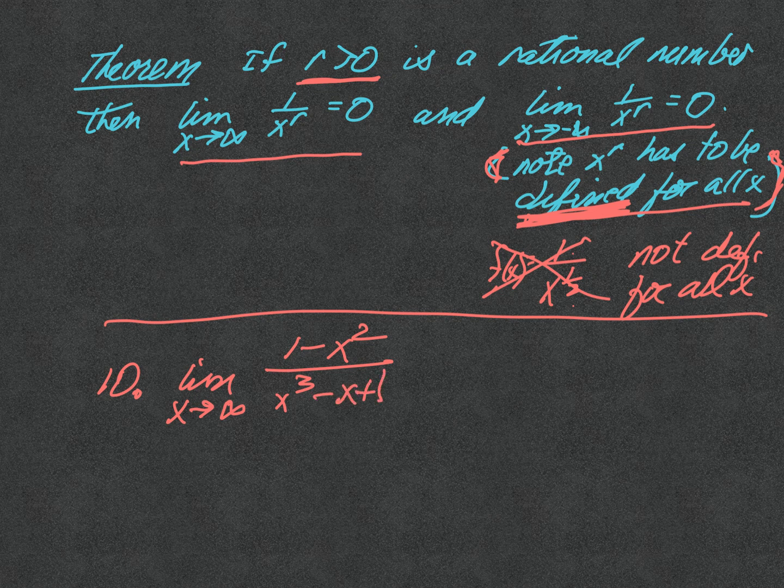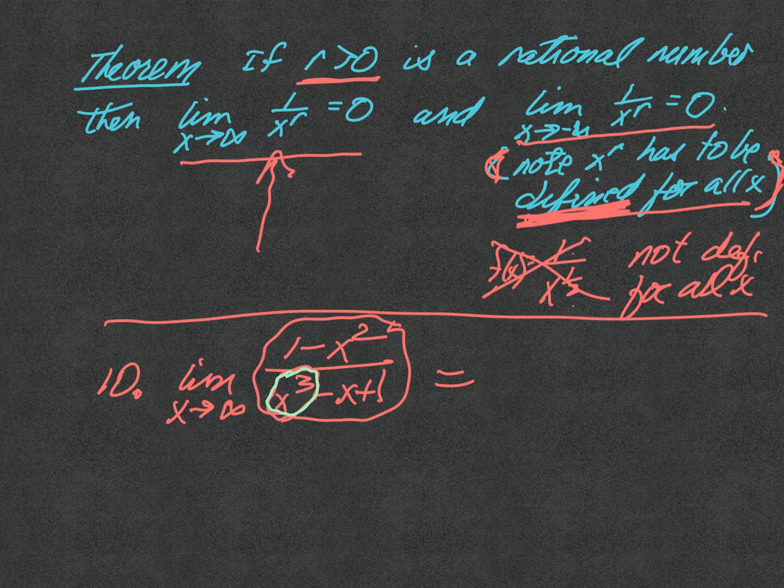Now, what I want to do is get this, or parts of this, into this 1 over x to the r form. The way I do it algebraically is I look for the highest exponent term. And what I see is this x cubed term right here.